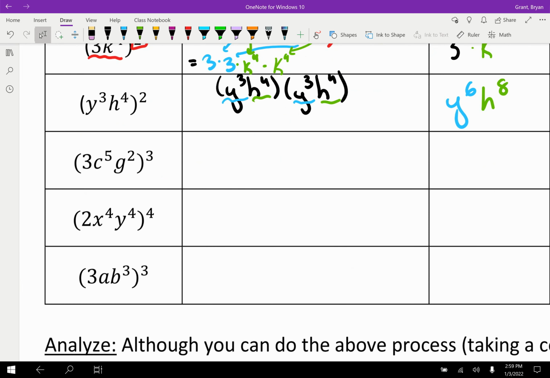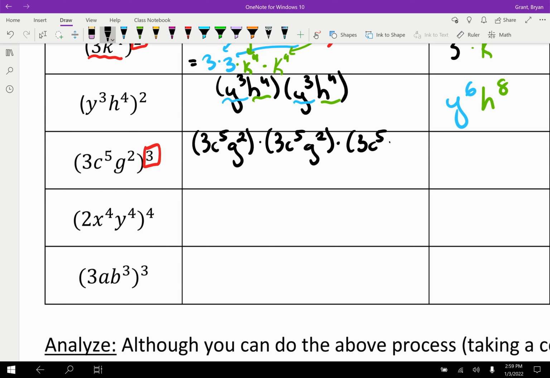All right, this next one I am going to split up just because I think it can be a little tricky here. We have 3c to the fifth g squared, and that is happening 3 times. So let's do our second one, c to the fifth g squared, and the last one. And then let's split all of these up.